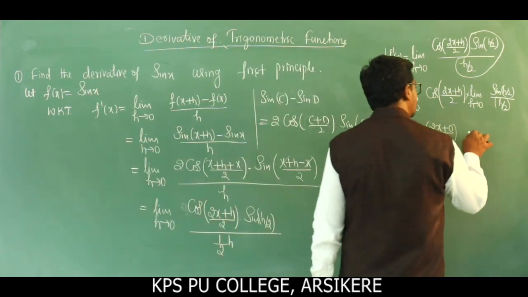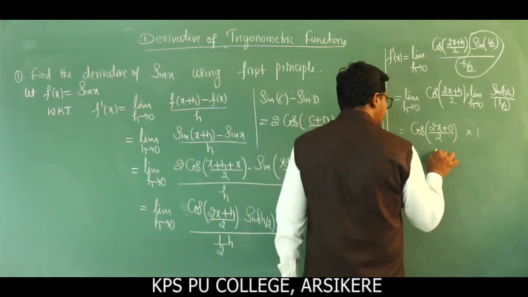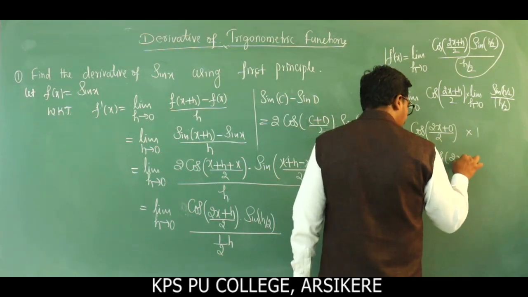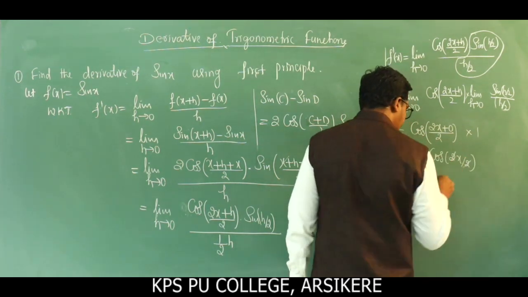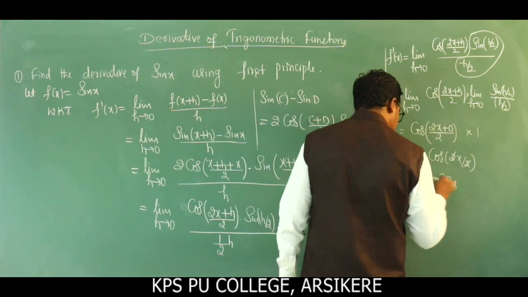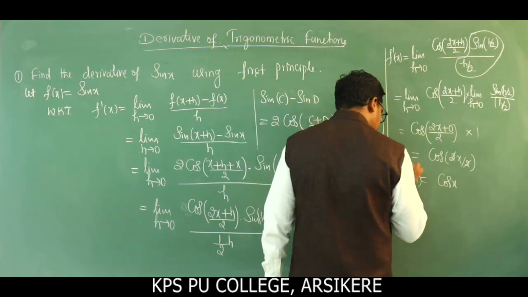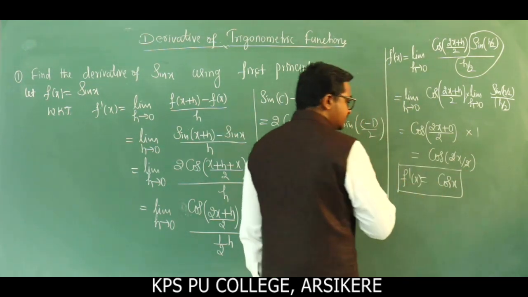So this becomes 1, and here we are left with cos of 2x divided by 2, the 2 gets cancelled, and we are left with cos x. Therefore f dash of x is equal to cos x.